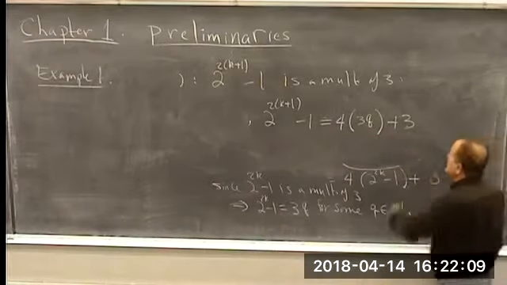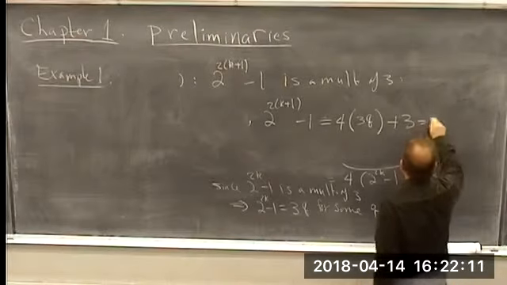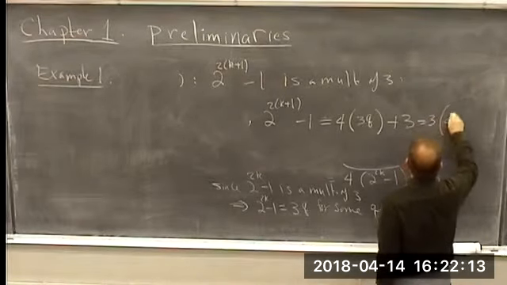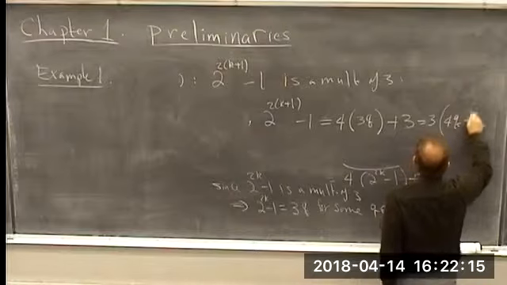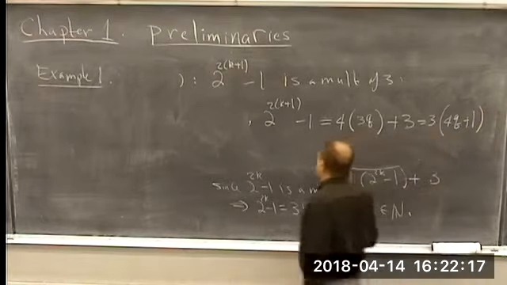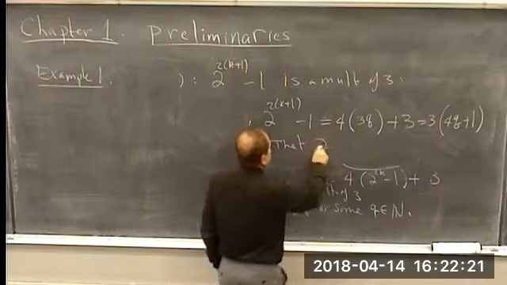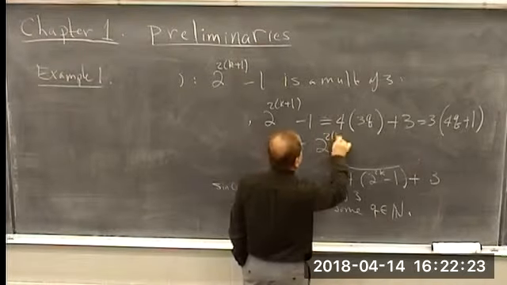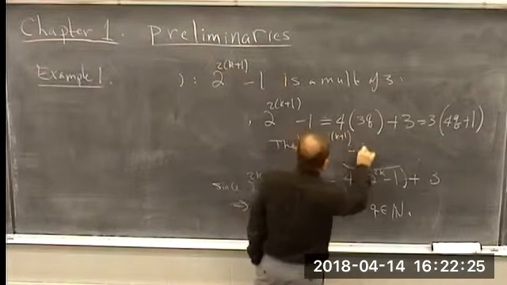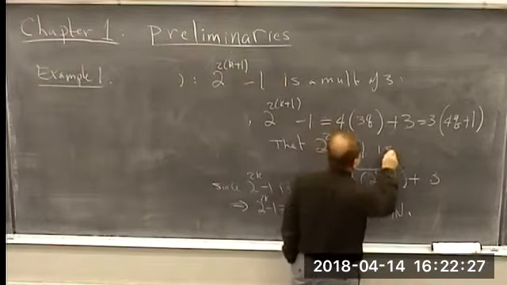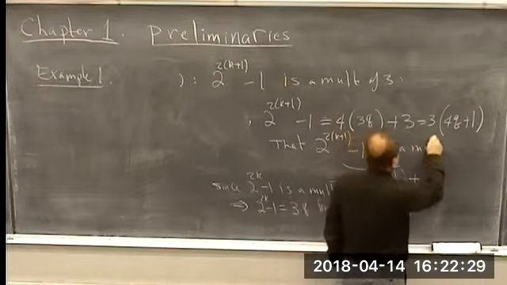Now, as you can see, we can factor out the 3, and we come up with 4q plus 1, and this means that 2 to the power 2k plus 1 minus 1 is a multiple of 3.